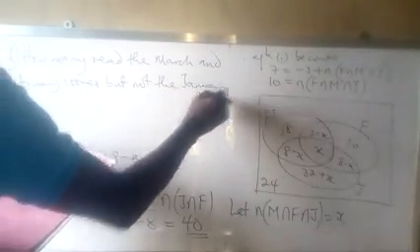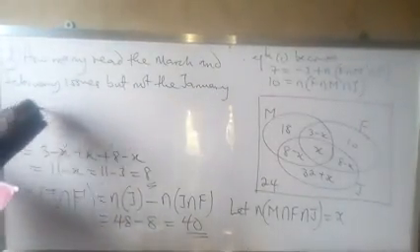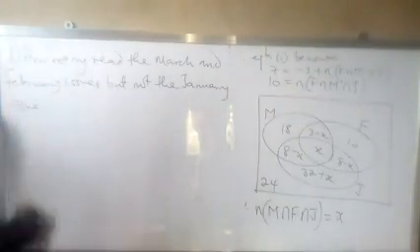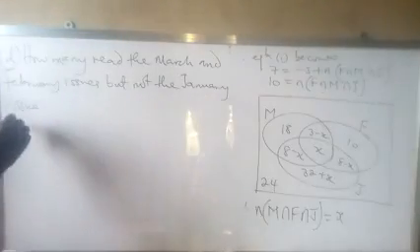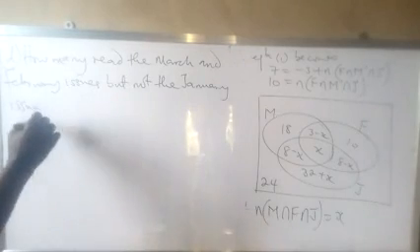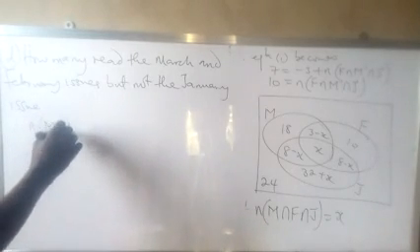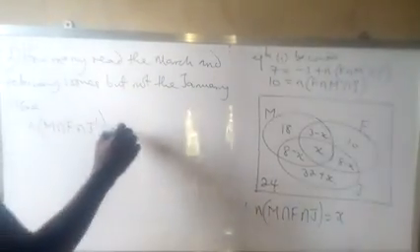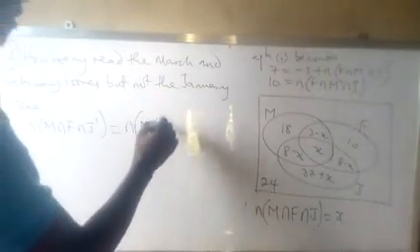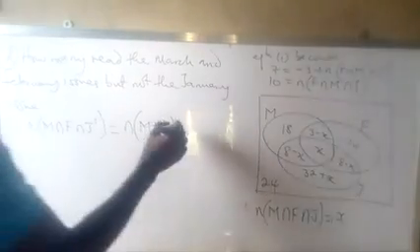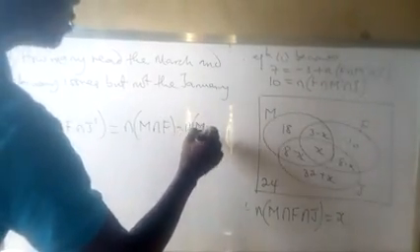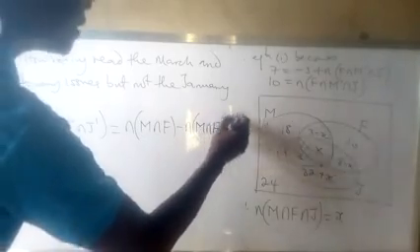That is how many read March and February issue but not January. So that will be the intersection of March and February but not January, so January will be a complement. So that will be March intersection February minus the intersection of March, February and January.